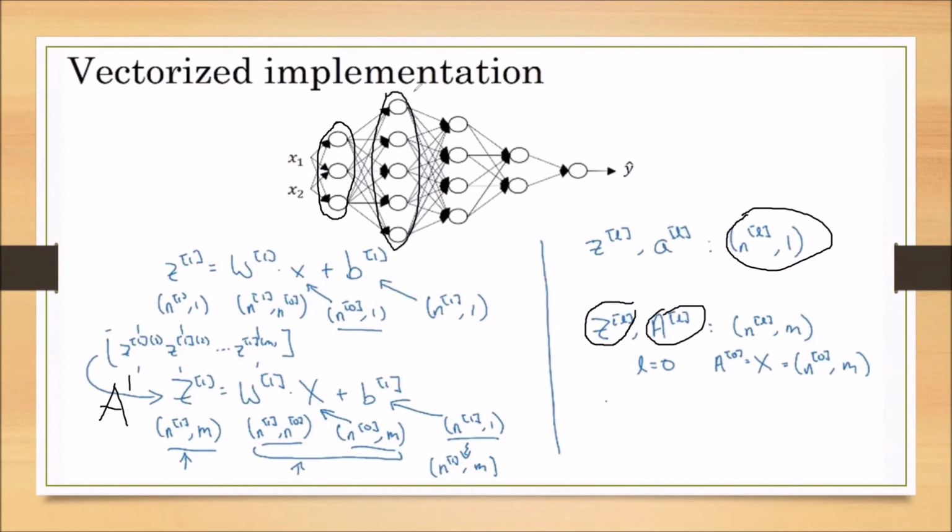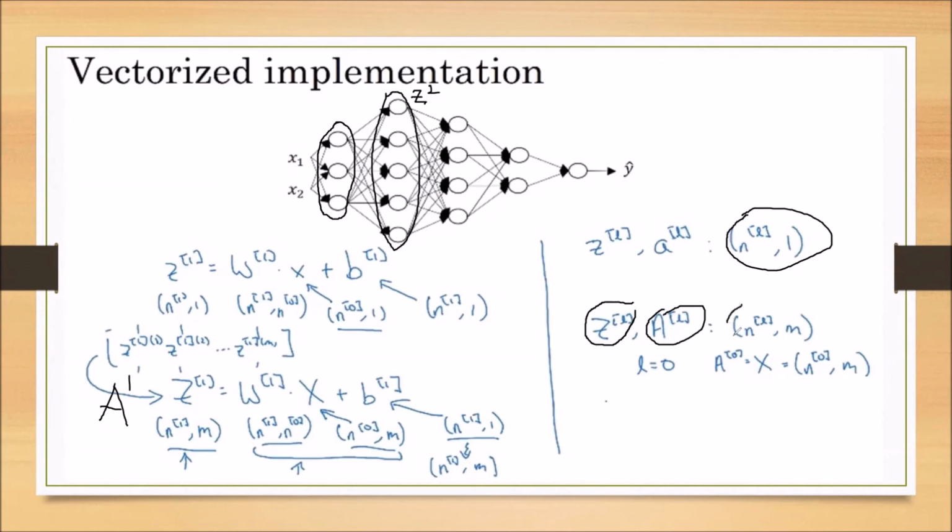When we want to find Z2, it is a 5 by 1 matrix, because we are applying Z for these 5 units. Similarly, for the mth layer, depending on the number of activation units in that layer, it is Nm by 1. So for the lth layer, it is NL by 1 for a single training sample.